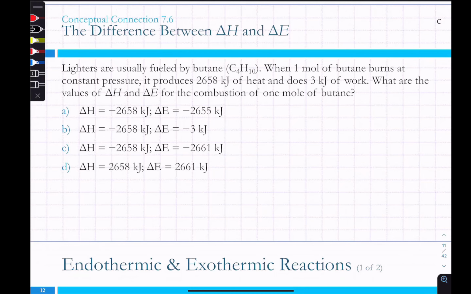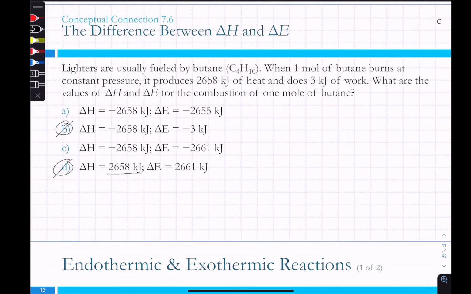B. Yeah, we can eliminate. Why can we eliminate B though? Yeah, E can't just be the work being done. There's actually another one we can eliminate. Which way? Yeah. D, because this is a positive.